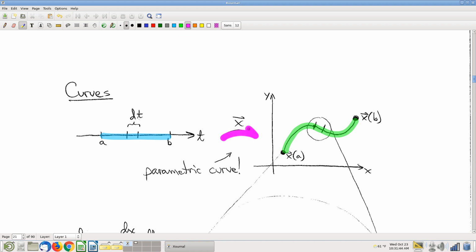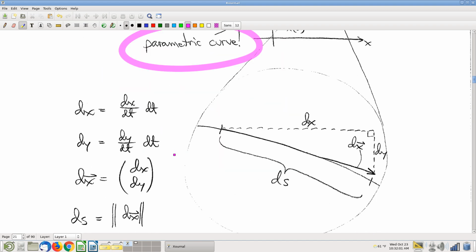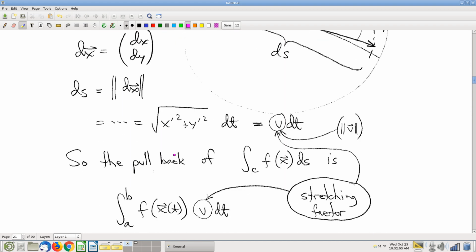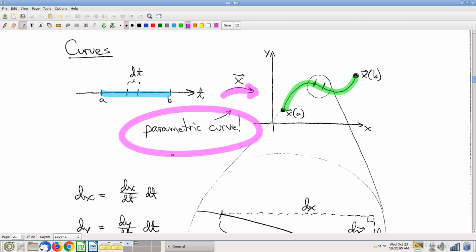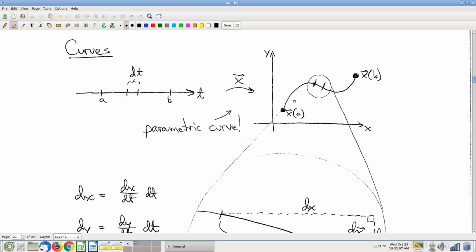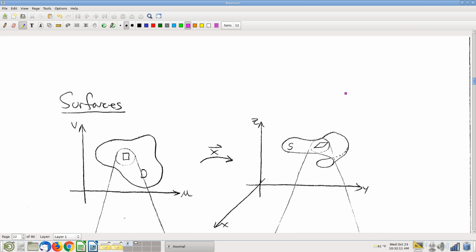And the very quick comment I forgot to make is we've already done this. Viewing curves as images, that's parameterizing the curves. So I just wanted to make that connection real quick. Where we get this x function, that thing whose various derivatives I compute, that thing is just a parameterization of the curve. Okay, so moving along to surfaces now.